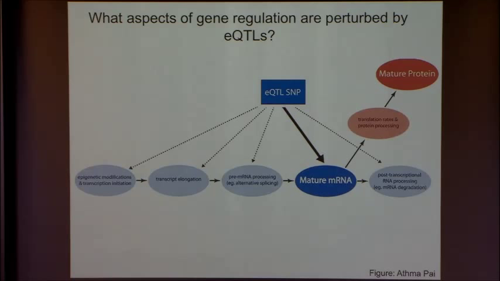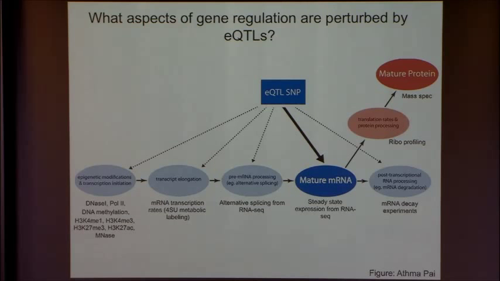So to learn more about these EQTL SNPs, our idea was that we can take a variety of different genome-wide assays that have been developed in the last few years for querying each of these different stages of gene regulation.